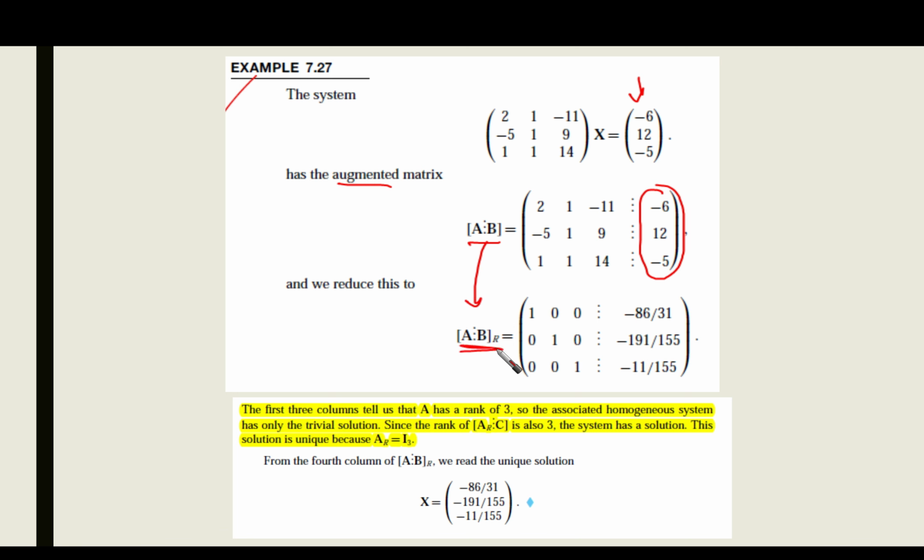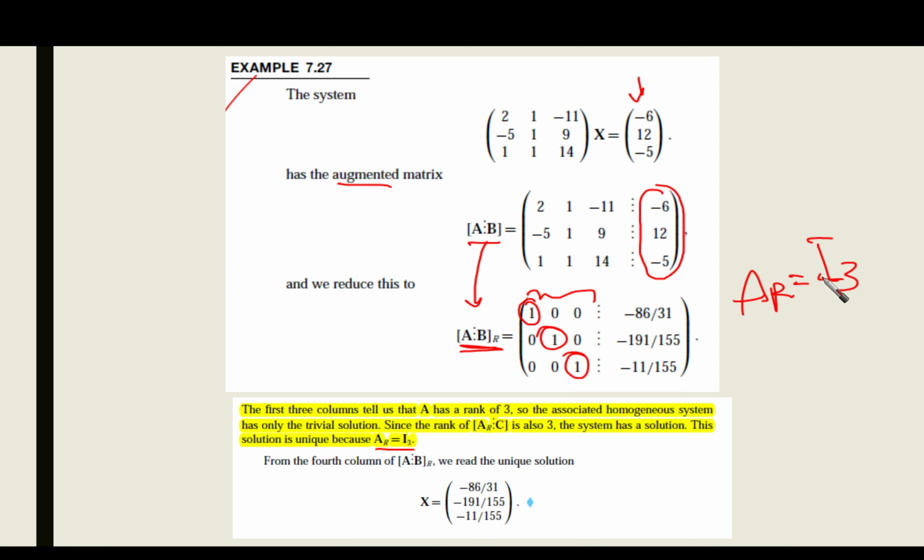Fortunately, AR, which is this part, is the identity matrix. This means that the reduced matrix of the coefficient matrix is I3.